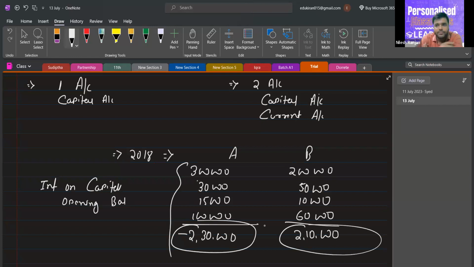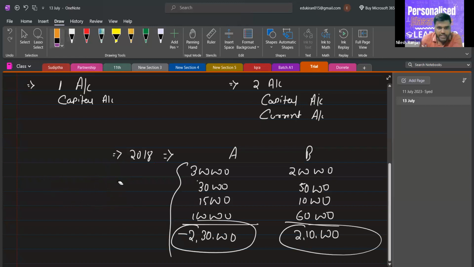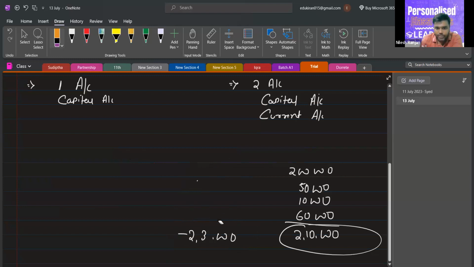So we have to calculate interest on capital on the new amount every year. So this is also a small problem. Now we have to remove these problems. That's why we started to prepare capital account by fixed capital.